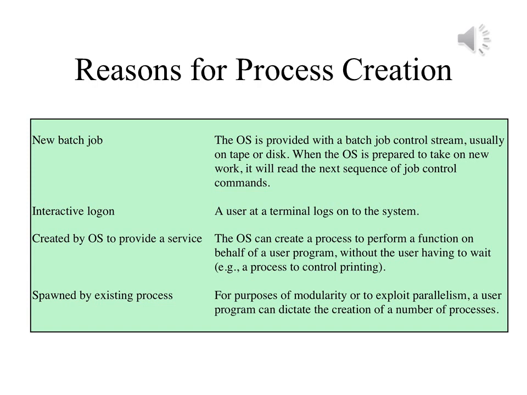In a batch environment, a process is created in response to the submission of a job. In an interactive environment, a process is created when a new user attempts to log on. In both cases, the operating system is responsible for the creation of the new process. An operating system may also create a process on behalf of an application.